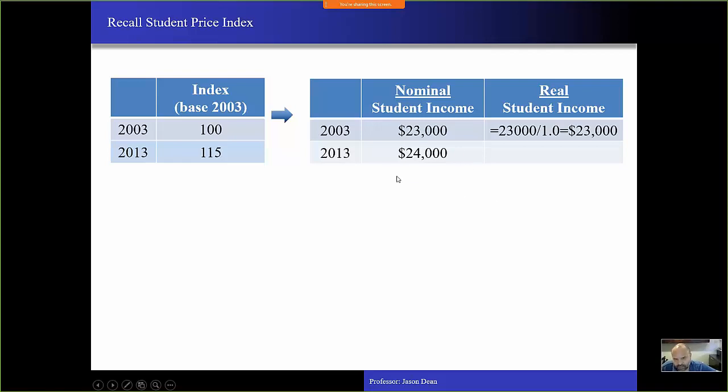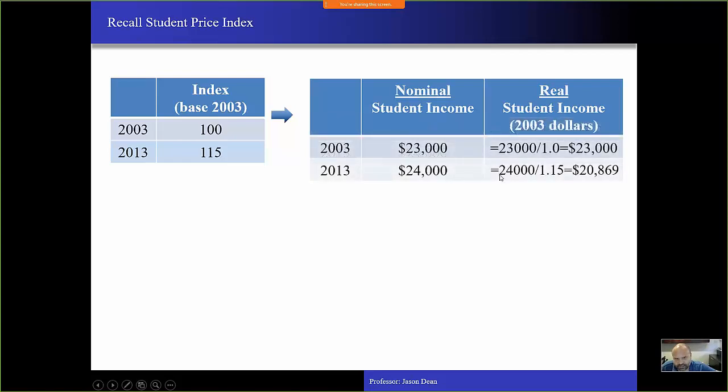So to get real student income in 2013, we take the 24,000, divide it by 1.15, or alternatively, divide by 115 and then multiply the whole thing by 100, and you'll get the same answer. So we see that real income is actually 20,869.